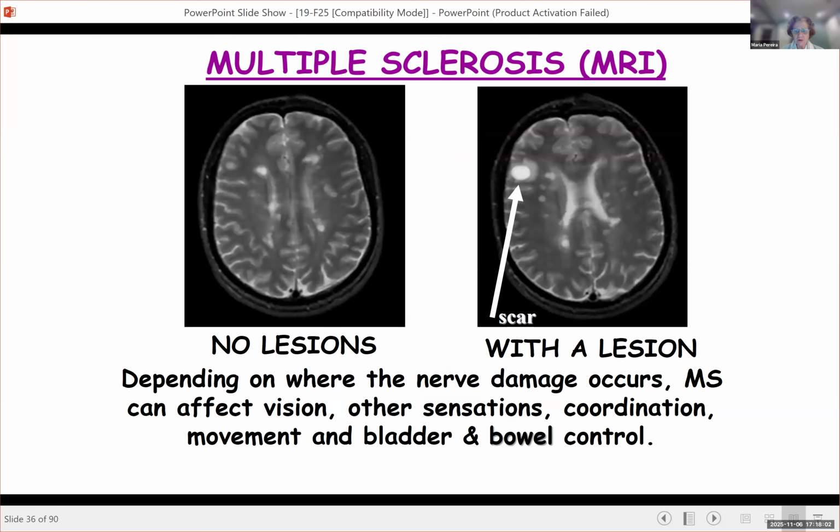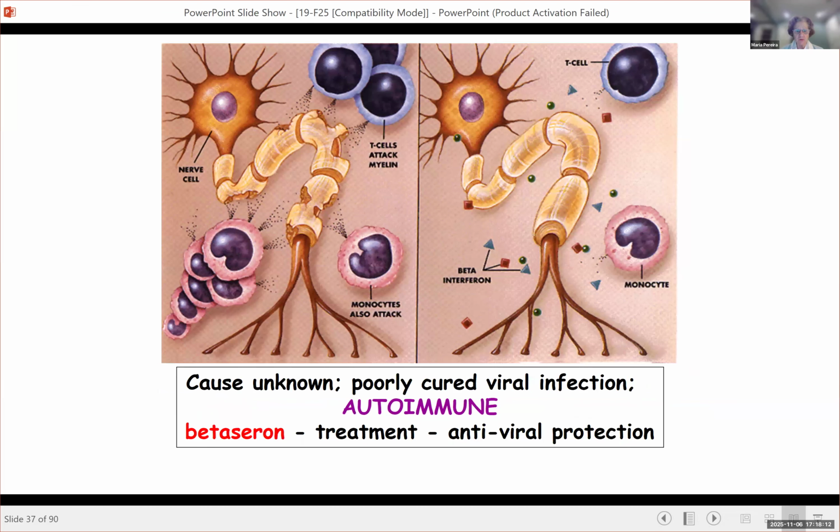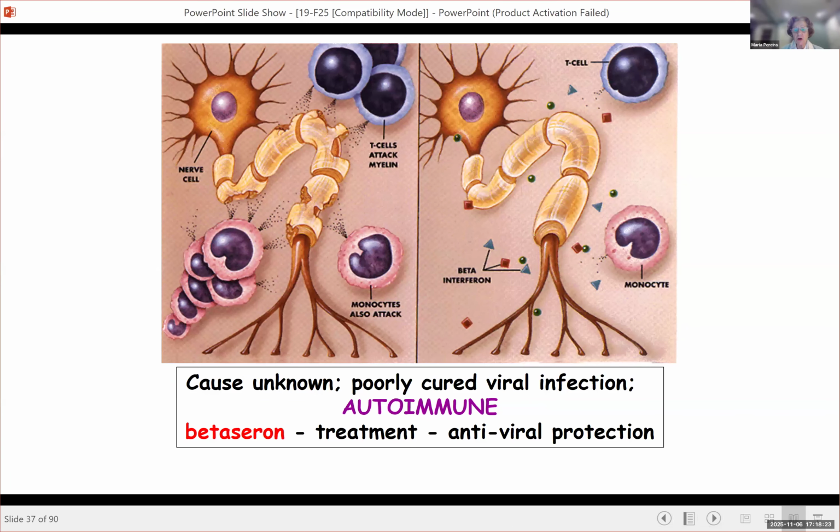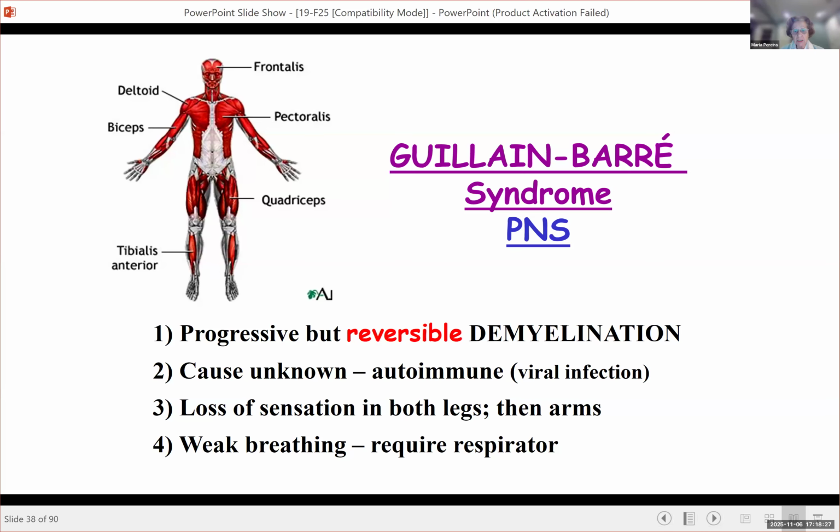And you see here plaques with an MRI. You can detect the plaques where the myelin is partially destroyed. Okay, this shows the same. Now, myelin can also be destroyed in the peripheral nervous system. So multiple sclerosis is an autoimmune disease that occurs in the CNS, but it can also occur in the peripheral nervous system.